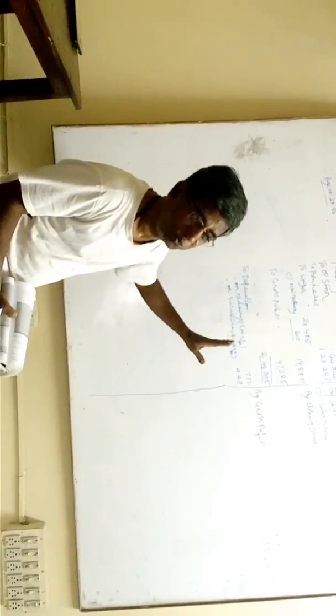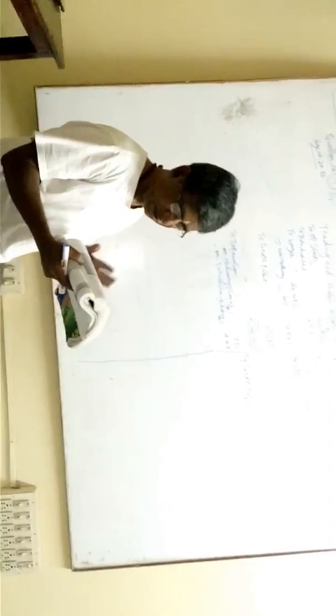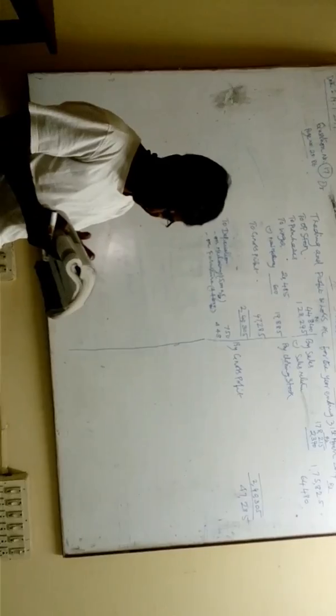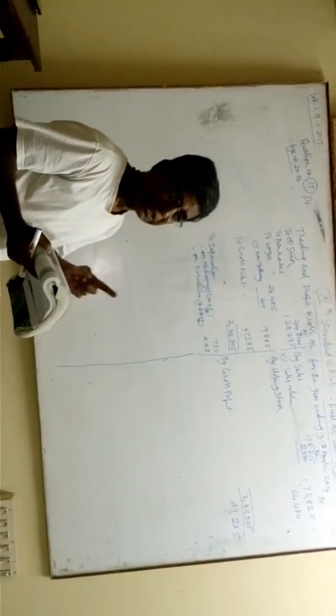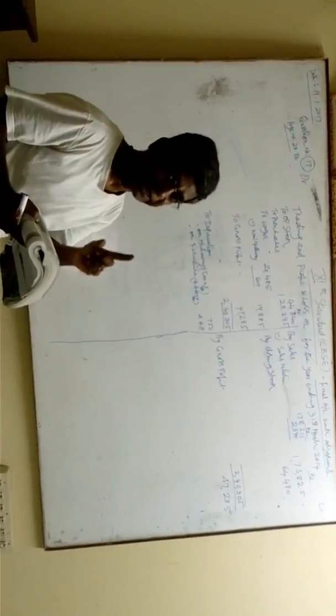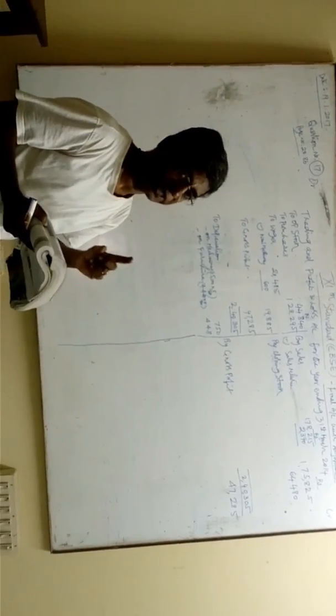The value in the trial balance is given as 14,400. In adjustments, you are given wages that included erection of machinery. This erection of machinery is a capital expense. It is not a revenue expense.